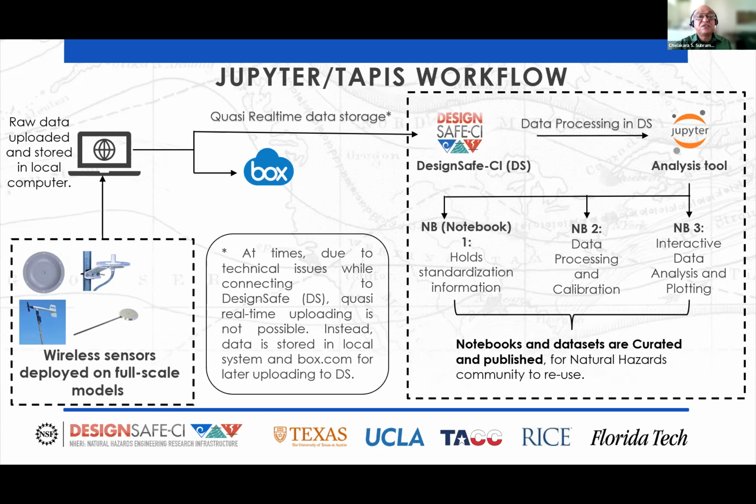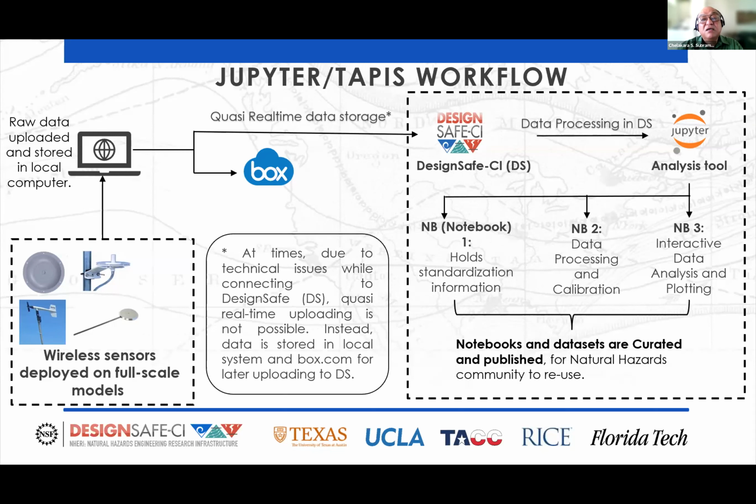In some of the field deployments, we experience some connection problems to the DesignSafe. So as a backup, we have this private cloud service called Box or Google Drive. You can use any of that, where we can also upload the data and store it. So we have two places where we save the data. We don't want to lose the valuable data.